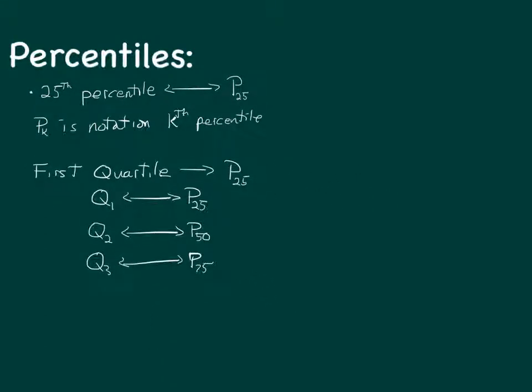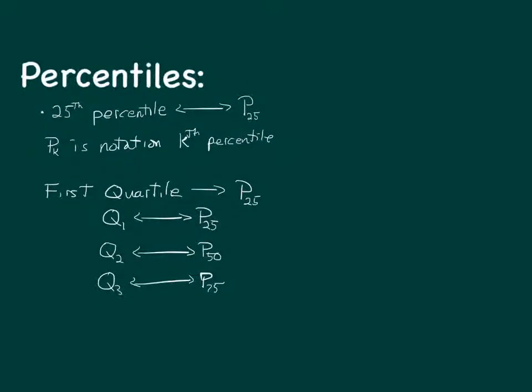Oftentimes what you'll find in statistical reporting is that rather than giving all the different percentiles, they just report the 3 quartiles. I also want to point out that even though Excel does have functions for computing percentiles and quartiles, I think one example looks like PERCENTILE.EXC, these will not give you the same values as the process given in the book.